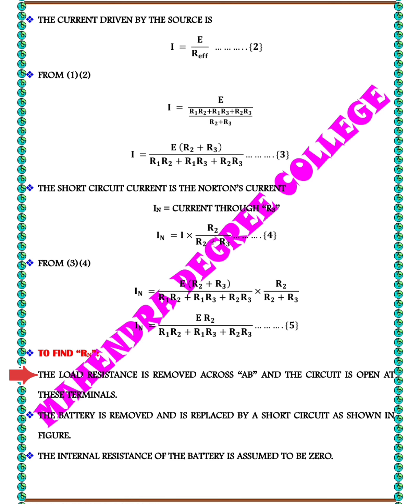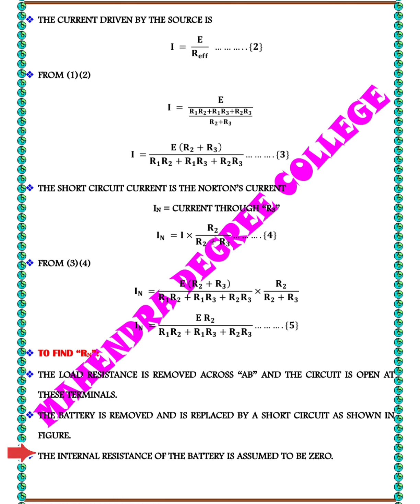The internal resistance of the battery is assumed to be 0. It means when a battery voltage source is removed, it is replaced with a short circuit.